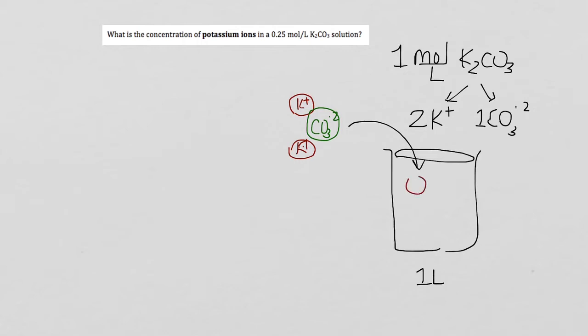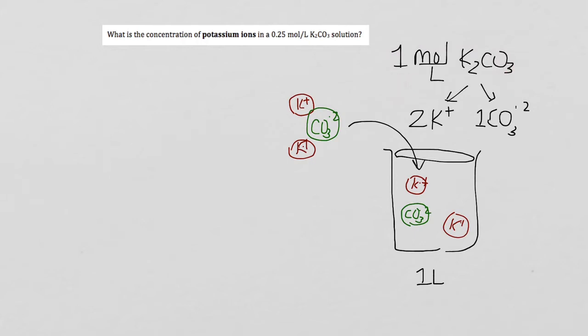This is going to dissociate into 2 potassium ions and then 1 carbonate ion, which is why, if you have this as a concentration of your entire compound, once it dissociates, you get twice as much potassium ion. So the concentration of potassium ion becomes twice as much as the concentration of the formula unit itself.